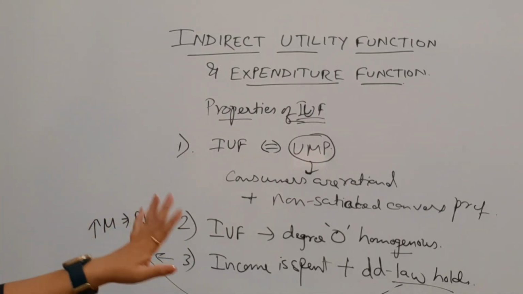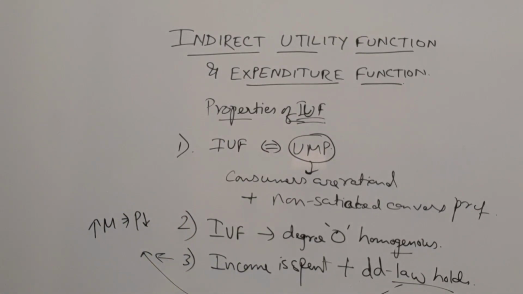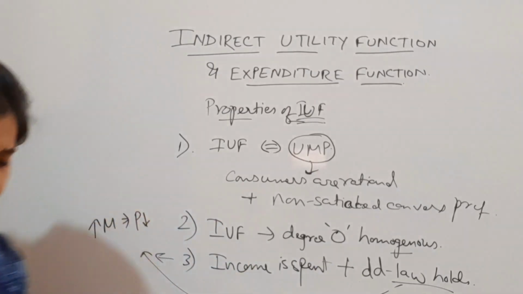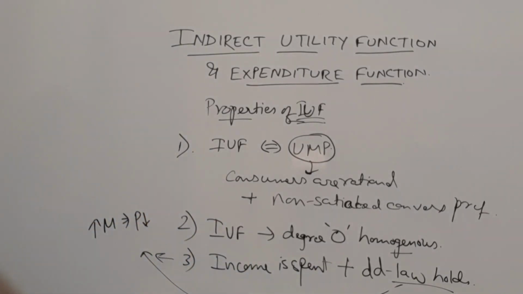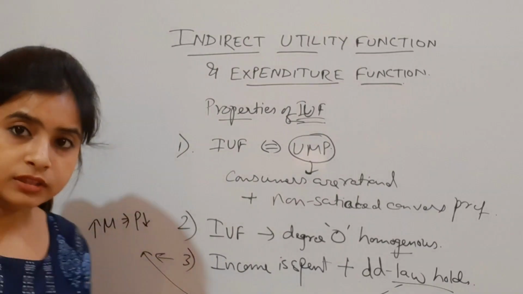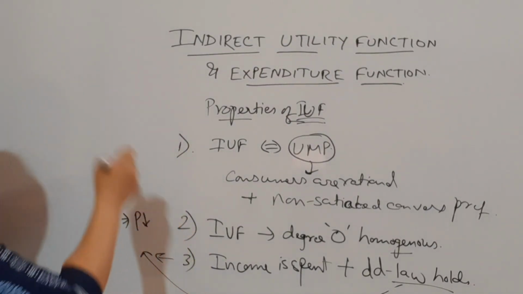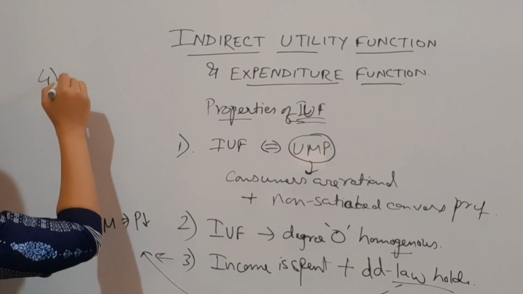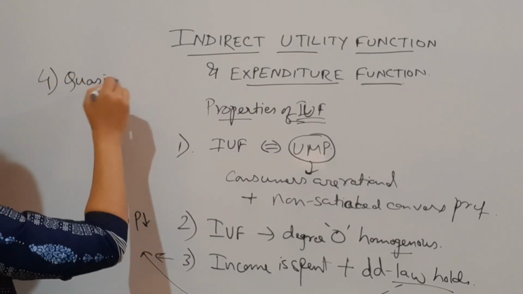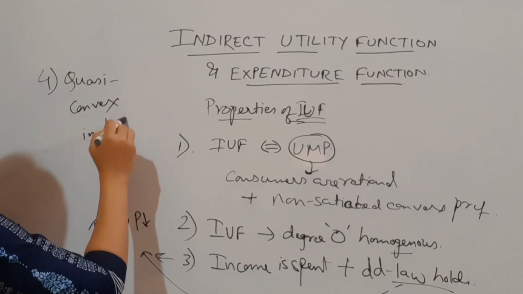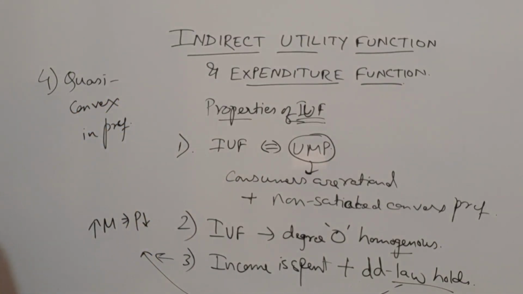And the fourth and last property of the indirect utility function is that it is quasi-convex in preferences. This is a very important property, and there is a proof for it as well. For all the properties, rather, number 4 is that it is quasi-convex in preferences.